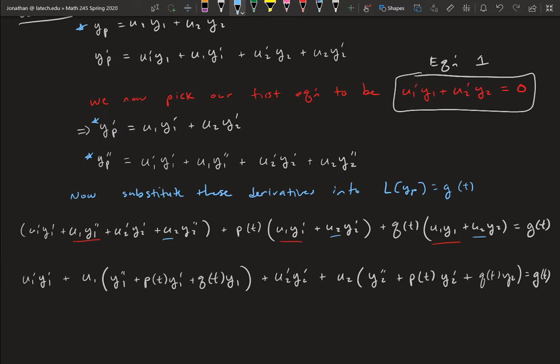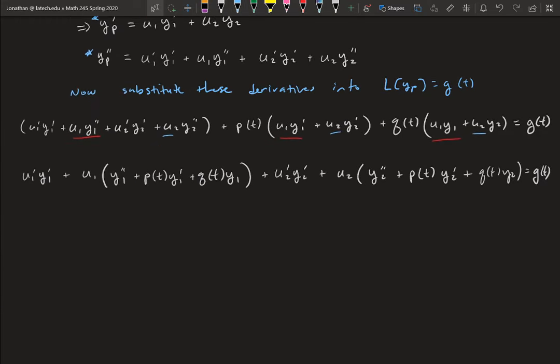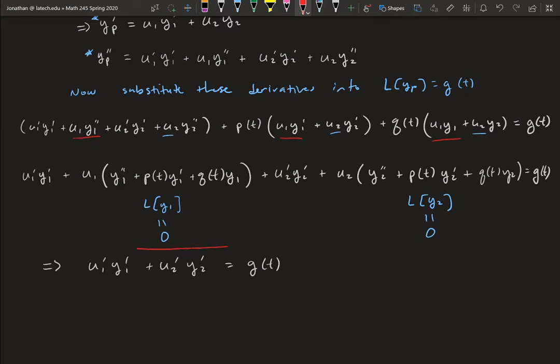Okay, now what's going on right here? This is really just L of y1, and this right here is really just L of y2. And what do we know about L of y1 and y2? Well, both of those are 0. So really, we just get this last equation, u1 prime y1 prime plus u2 prime y2 prime equals g of t. And that is going to be our second equation.